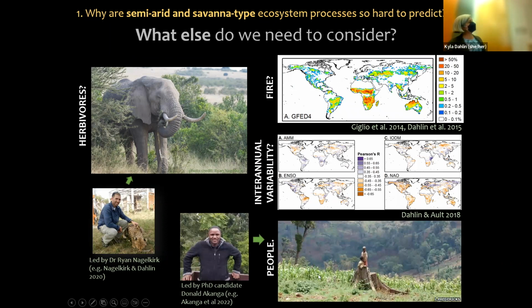And like I mentioned at the beginning, there are also people in these landscapes. I've been working with another PhD candidate, Donald Lakanga, who's interested in understanding, in a specific part of Kenya, what exactly is going on with people and their relationship with these landscapes as they change, both because of climate change and also because of anthropogenic pressures.